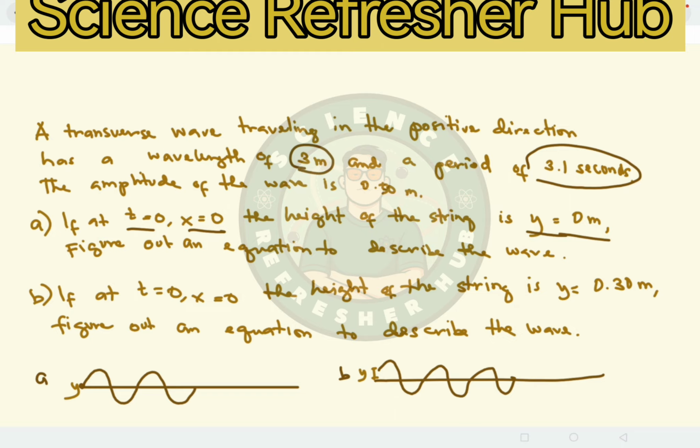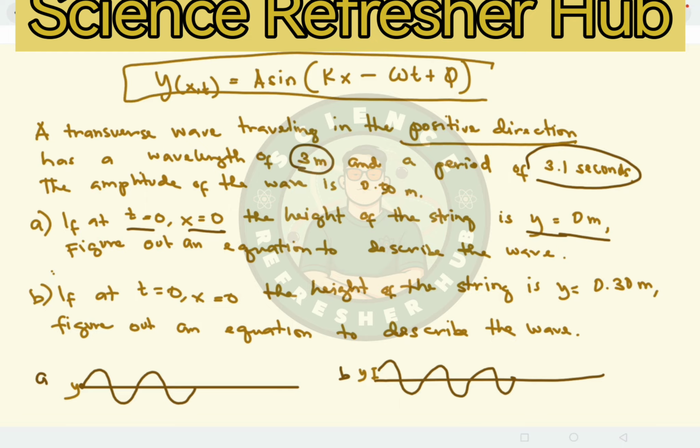Before we forget, the equation is y(x,t) equals the amplitude times sine of k, or wave number, multiplied by the position, minus omega t, plus phi. Notice the sign before we proceed with solving. The wave is traveling in the positive direction, so we have to use this equation carefully because of the signs, negative and positive.